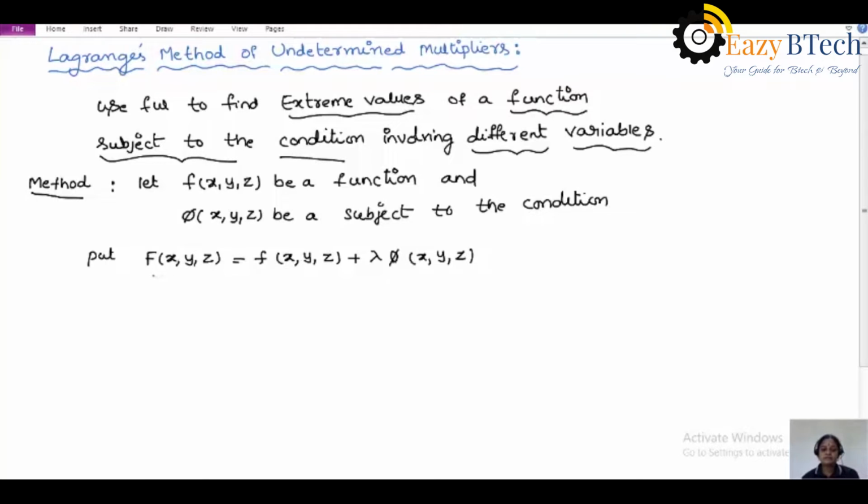Now this function, capital F of x comma y comma z, is known as Lagrange's function, and lambda is known as Lagrange's multiplier.